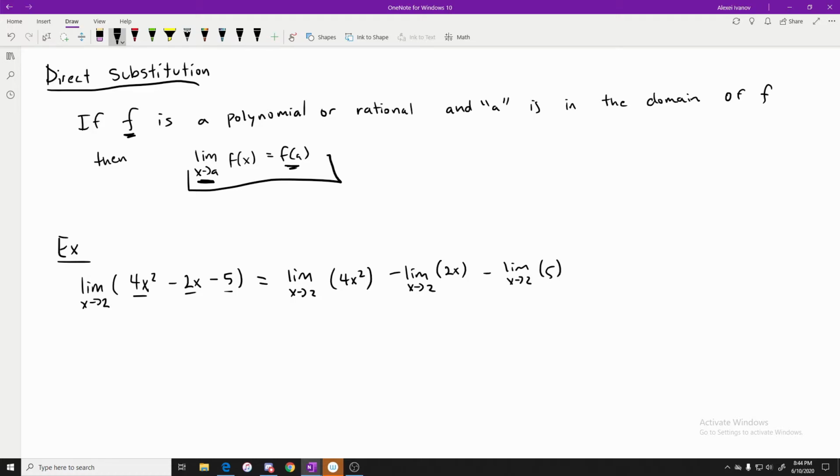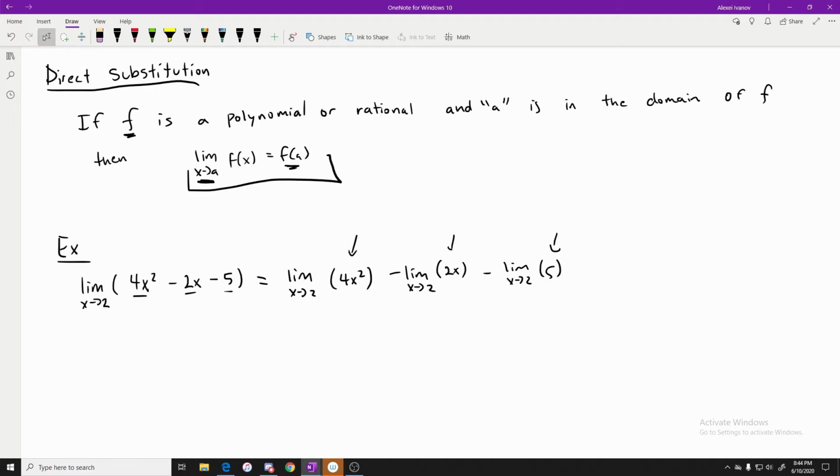Now that we've broken down this limit, we can see that we get 3 simpler limits. And again, we can just plug x equals 2 into any of these because they are polynomials and they categorize under direct substitution, because 2 is within these 3 functions' domains.